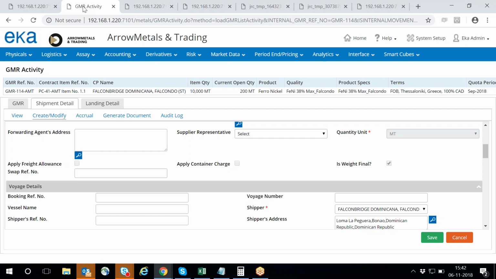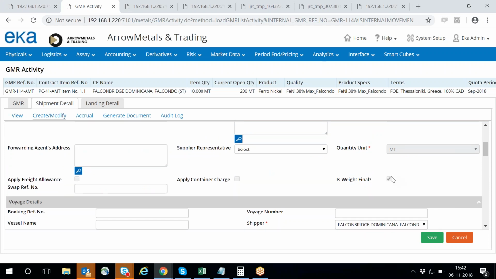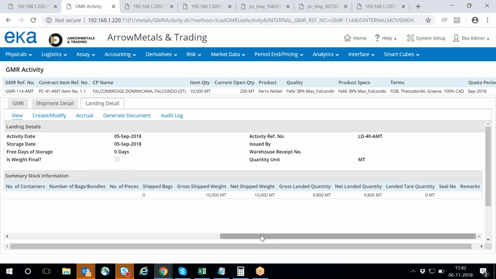What all elements are present and what is the composition of each element. Right. So in case of concentrates also the GMR activity is the same. During shipment landing we do a final weight check, and then during landing we will decrease the landed quantity.